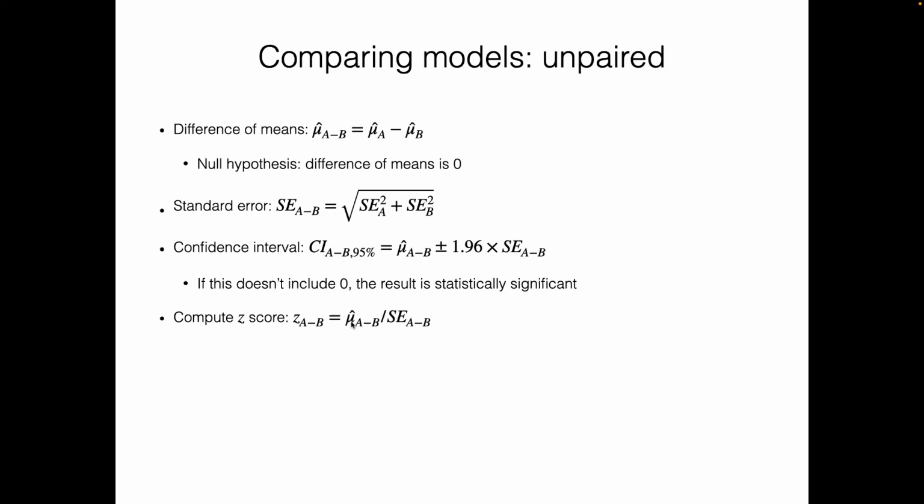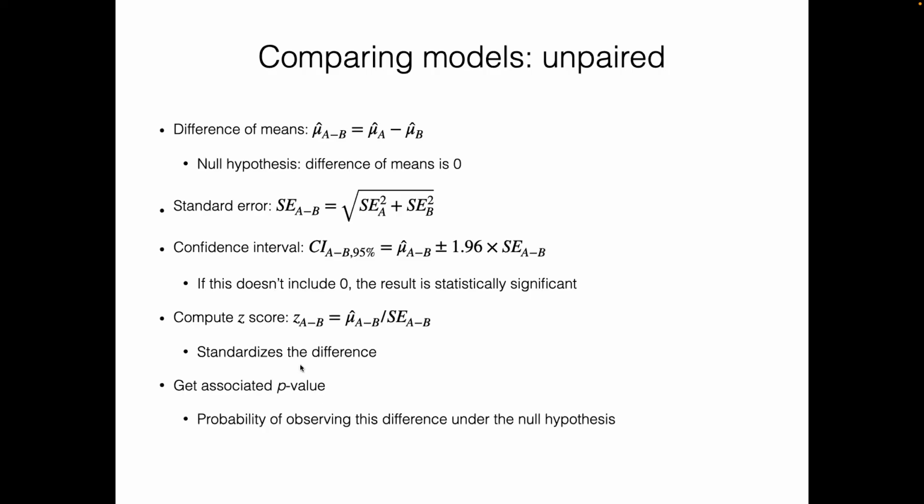So here you could compute this z-score. This would be a z-test. There's also a t-test. This is basically standardizing the difference by the standard error. And since it's standardized, you can look up this value, which is the p-value. It's the probability of observing this difference under the null hypothesis.